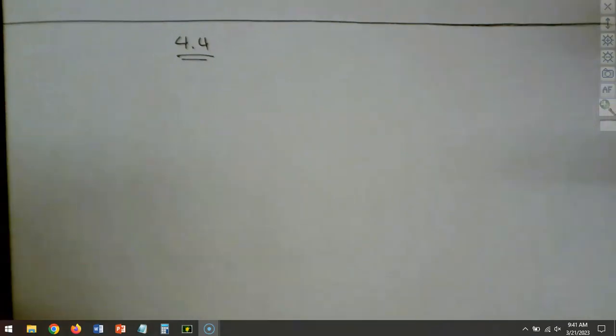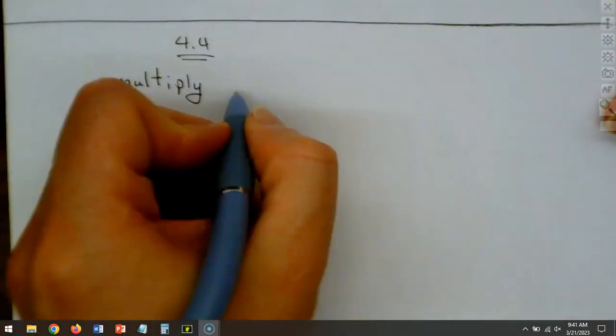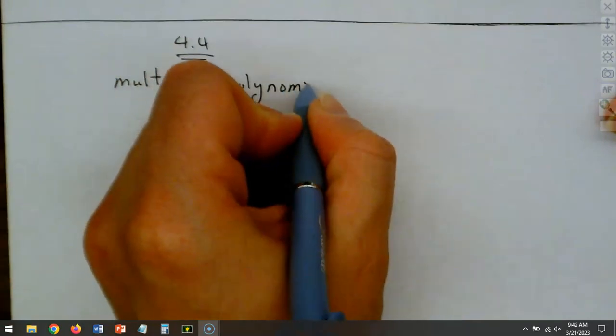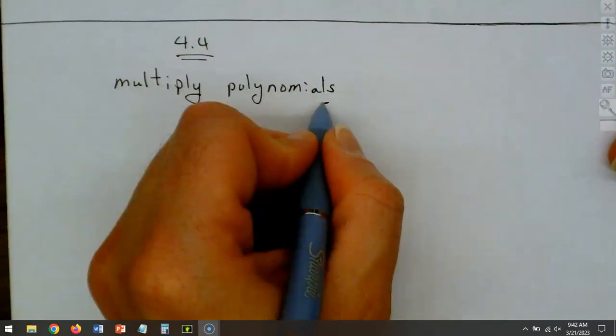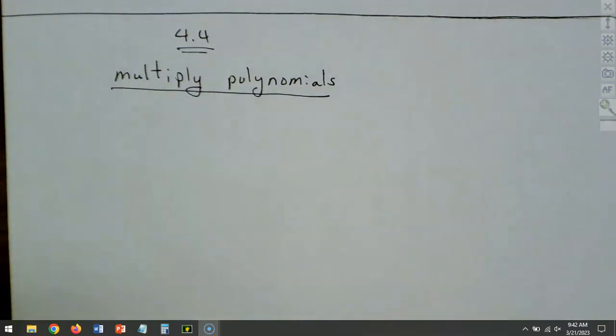The next section is multiplying polynomials. So we're going to be learning how to multiply out these polynomials.